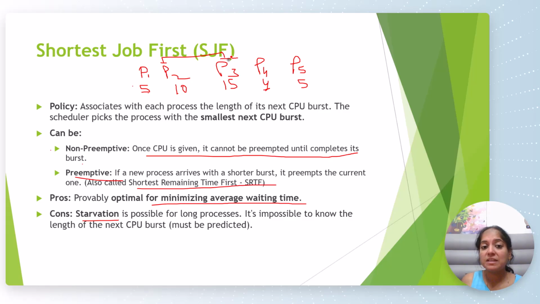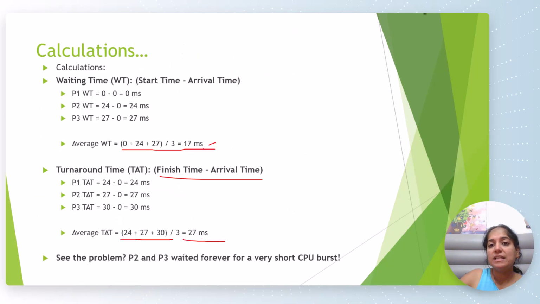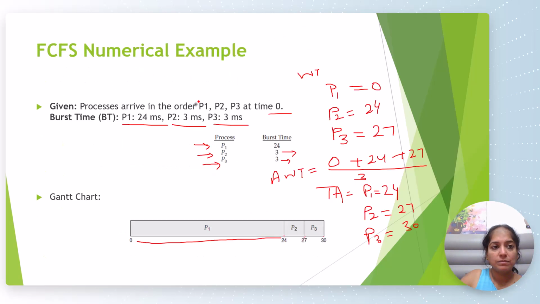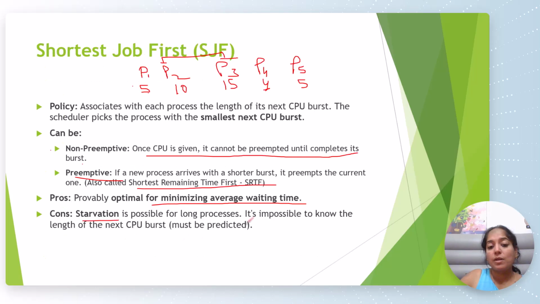It may happen that certain processes will not get their turn ever. This is called starvation. And the solution of starvation is aging.